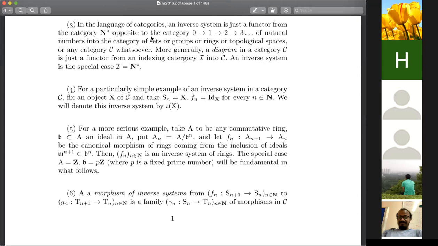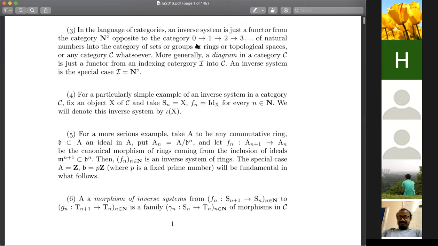So for natural numbers, the opposite category is going to consist of 0, 1, 2, and so on, but the maps are going to be from n to n minus 1. Okay, so an inverse system can be thought of as a functor from the opposite of the category of natural numbers to a category such as the category of sets or groups or rings or topological spaces. So that's the notion of an inverse system.